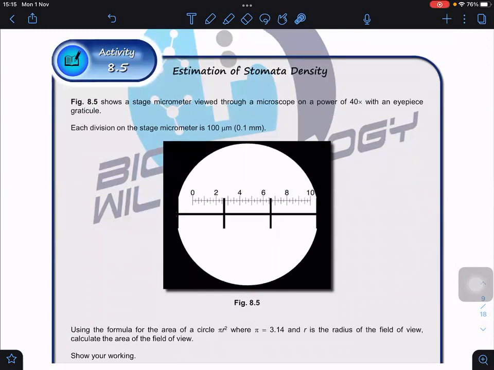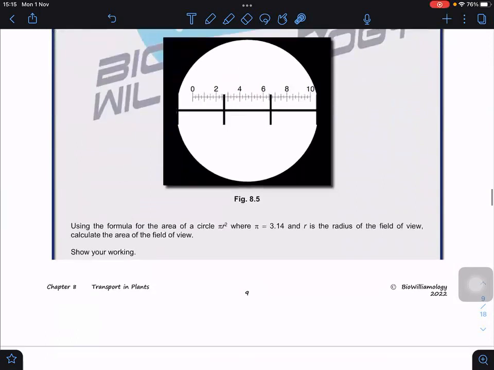Okay, so each division on the stage micrometer is hundreds of micrometers, or 0.1 millimeter. So using the formula of the area of a circle, pi r squared, where pi equals 3.14, and r is the radius of the field of view.